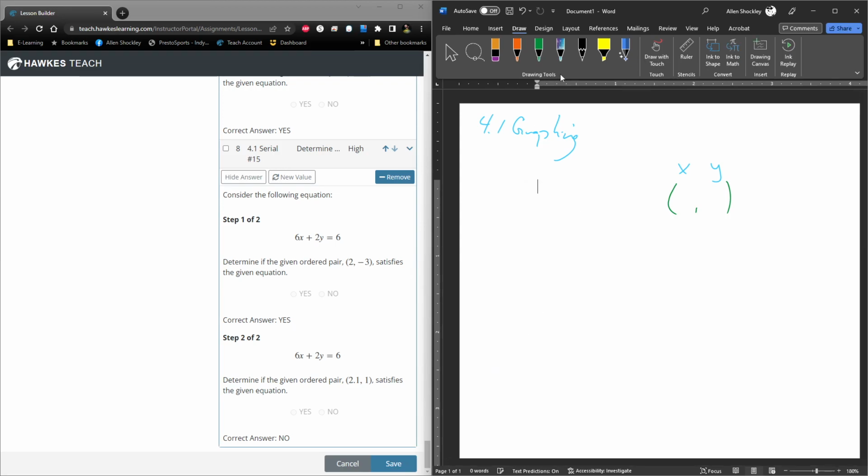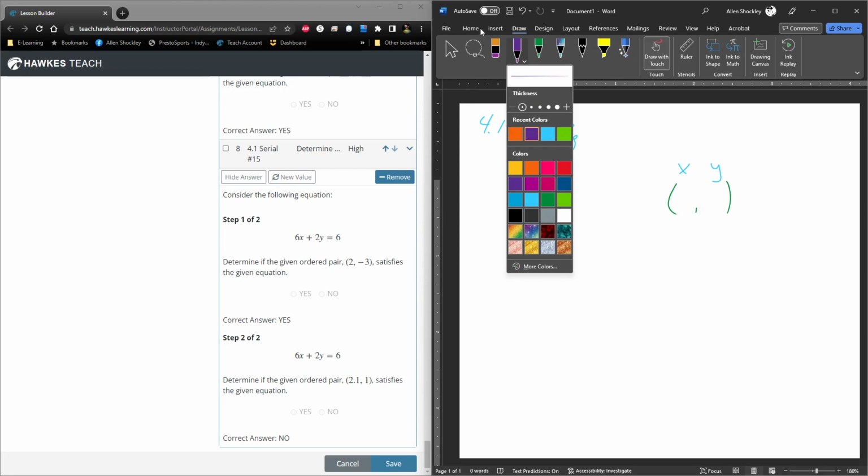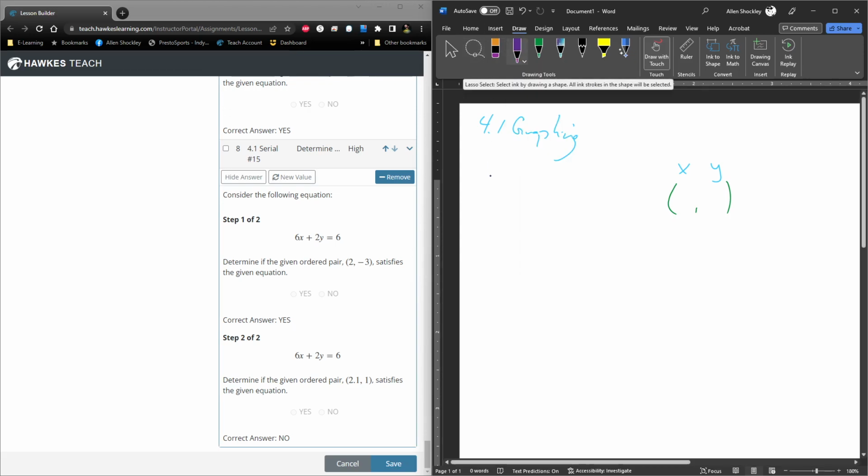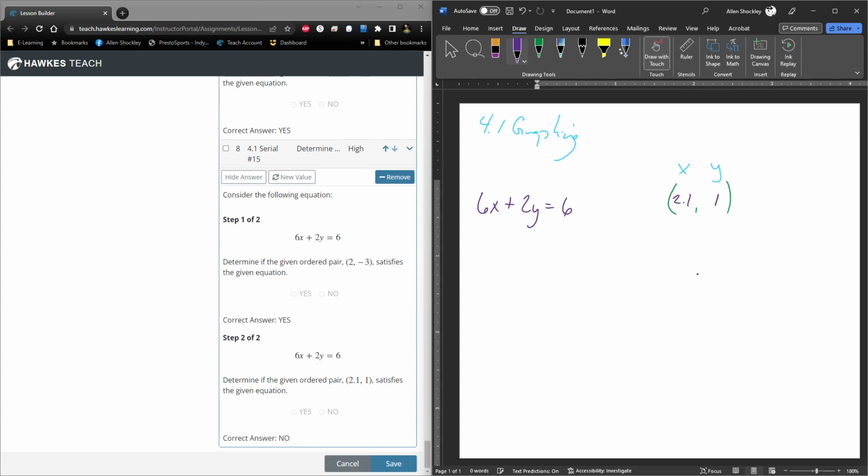Again, right, perfect. So the equation we have, 6x plus 2y needs to equal 6, and we want (2.1, 1). Okay, so again, just plug this into the equation and see what happens.